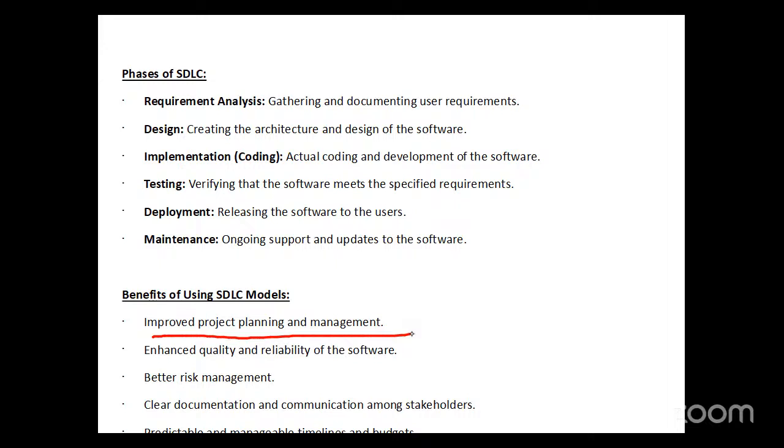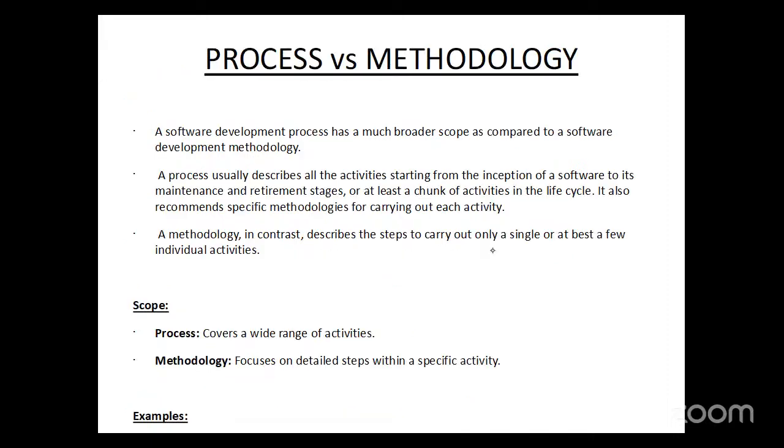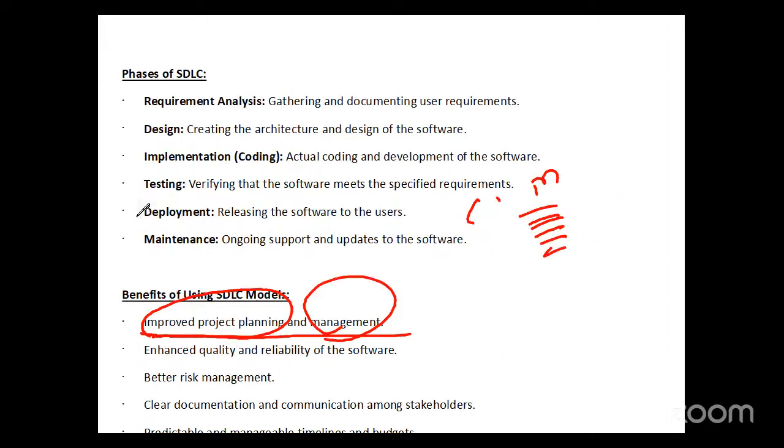So what is the first benefit that we are going to get? We are going to get improved project planning and management. So once you are following the procedure, that is a systematic approach, the manager of a company can tell the customer where the project is, whether it is in the first stage, second stage, third stage, fourth stage, or fifth stage.